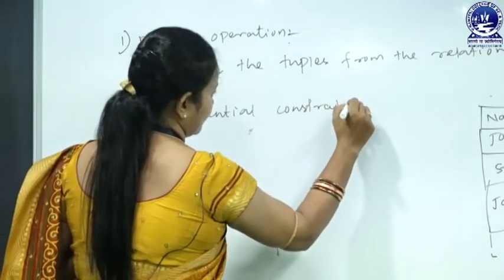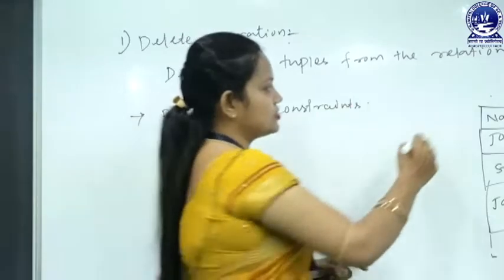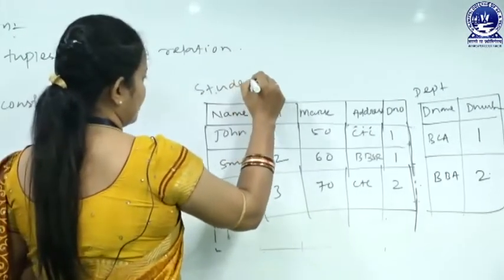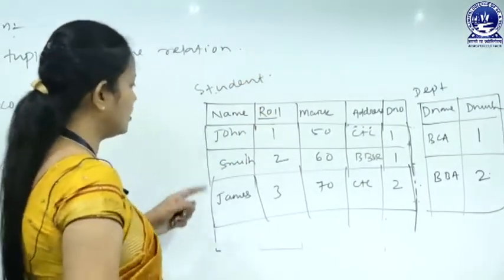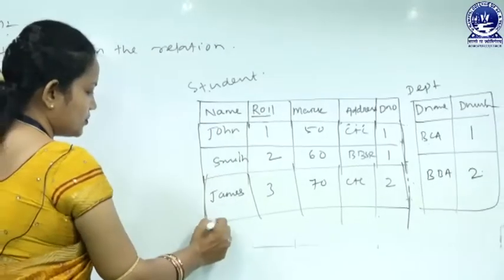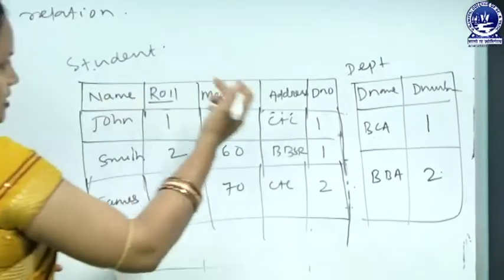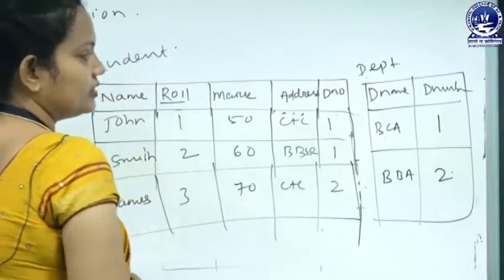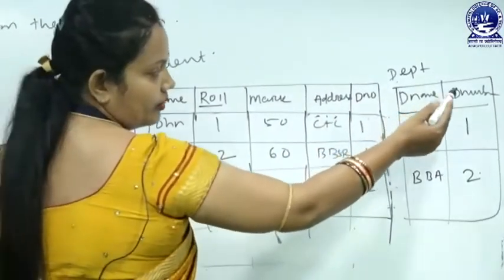Let us see with one example. Suppose this is a student relation having attributes name, roll, mark, address and D number, and these are the tuples of the student relation, and there is another relation, the department relation, having attributes D name and D number.